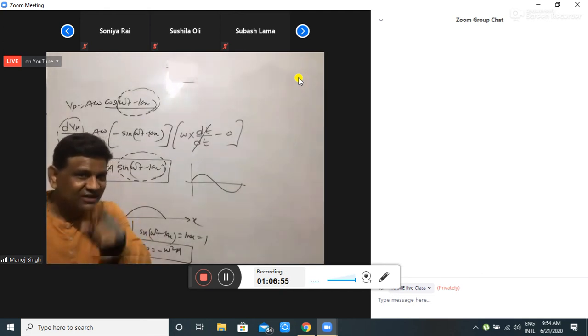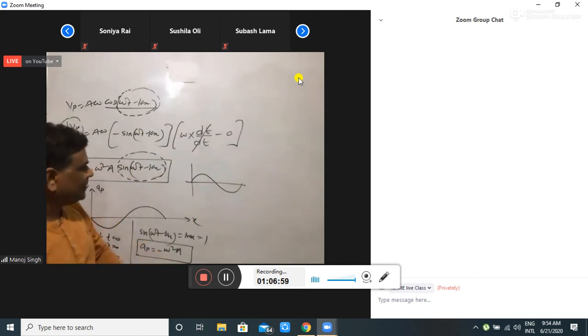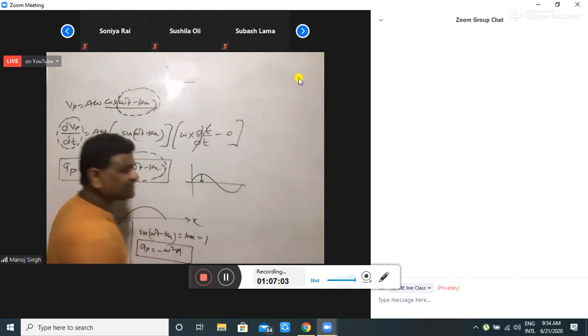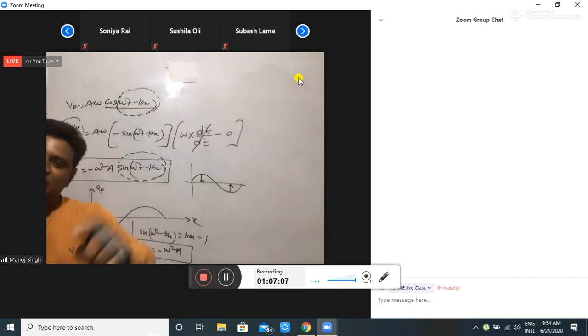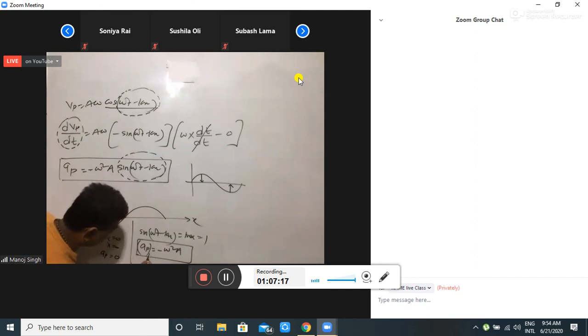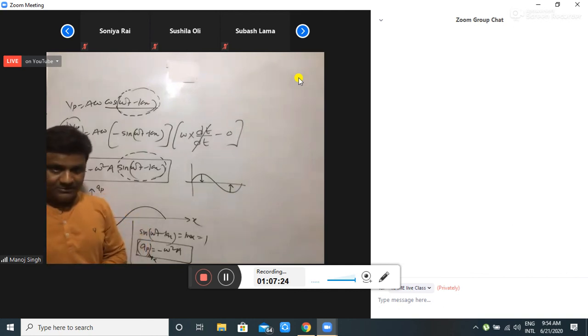Negative sign means acceleration is always directed towards the mean position. So the negative sign represents that the acceleration of the particle is always directed towards the mean position, and this is the maximum value of the acceleration of the particle.